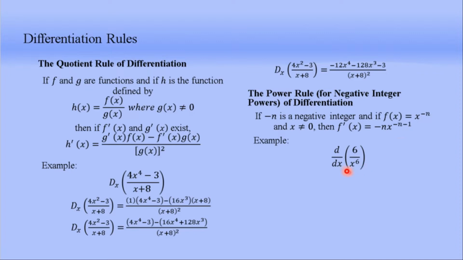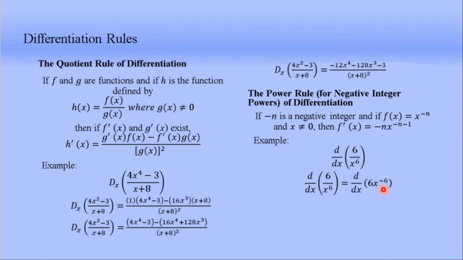So for example, we're going to find the derivative of 6 over x raised to the 6th power. What we're going to do is bring the x raised to the 6th power up.